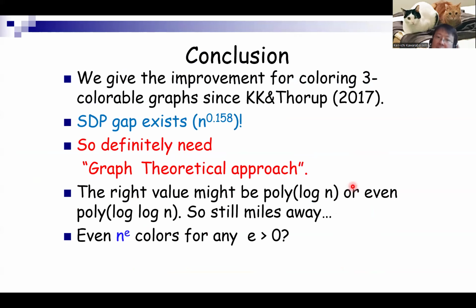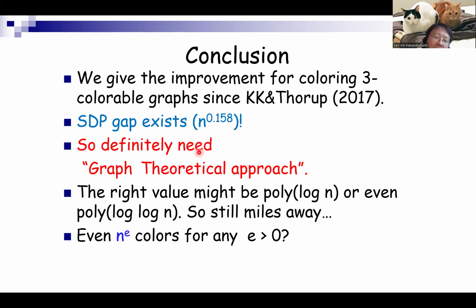Okay, the conclusion is that we get some improvement for 3-colorable graphs since the previous work with Mikkel. But we know that there are some obstacles. For example, an SDP gap exists, which means that you can't really combine SDP and graph theory if you want to go beyond, for example, d to the 0.15.